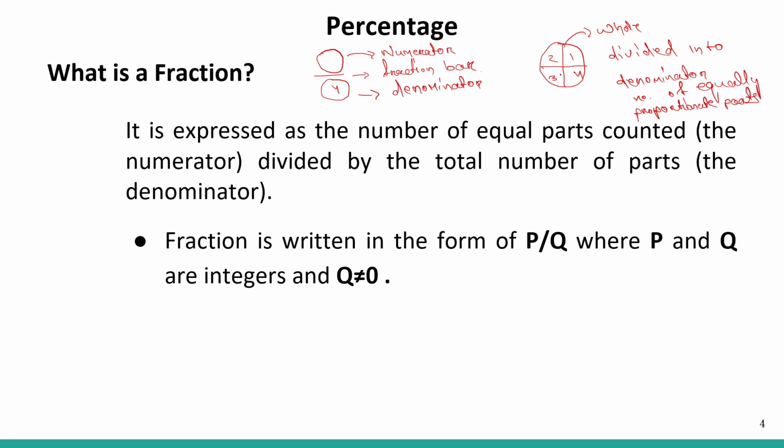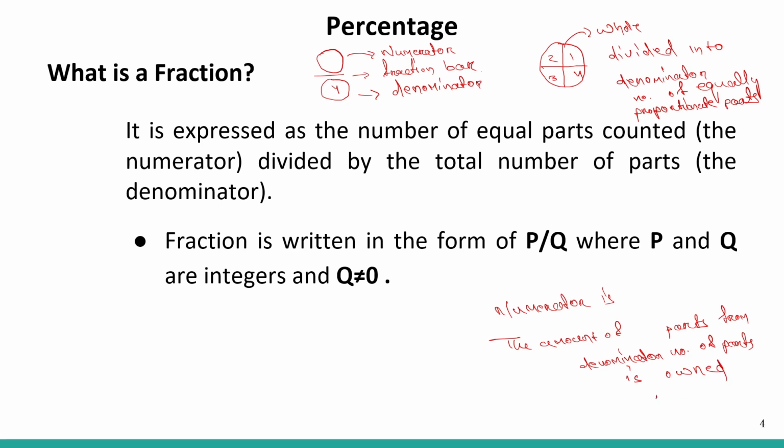And what the numerator represents is the amount of equal parts, or parts, from the denominator number of parts, that is owned or observed.